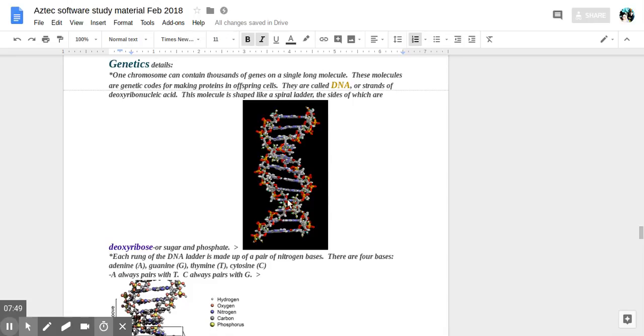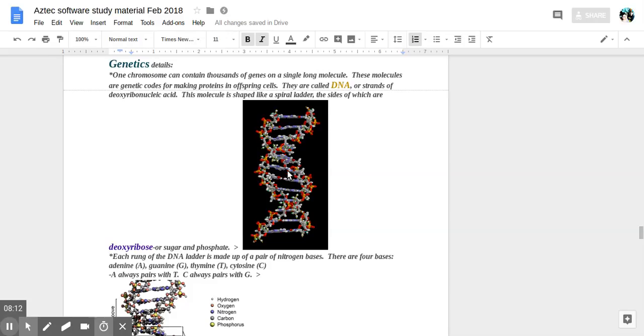So whatever DNA is passed on is going to code for whatever proteins the DNA and the genes code for in all the offspring as well. Deoxyribonucleic acid is DNA.